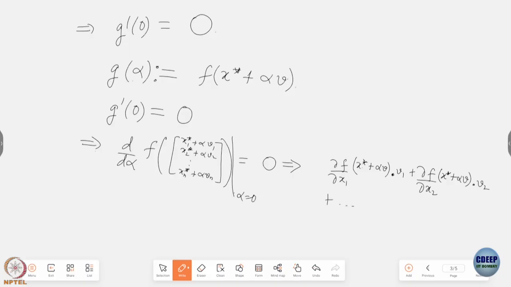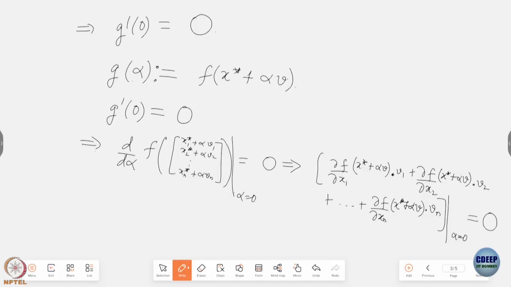Plus dot dot dot plus, all of this taken at alpha equal to 0 must be equal to 0.